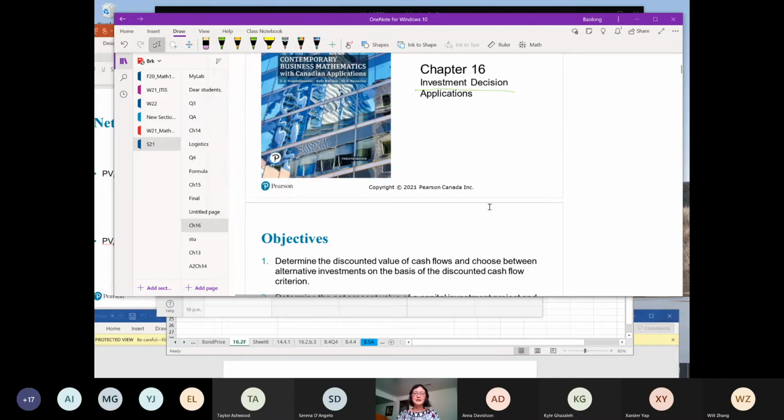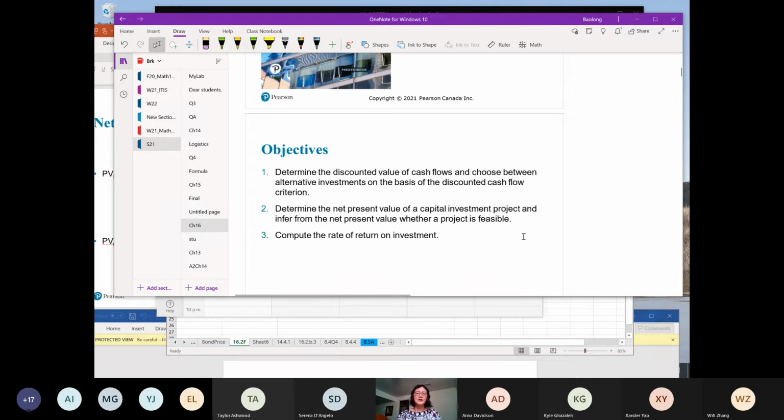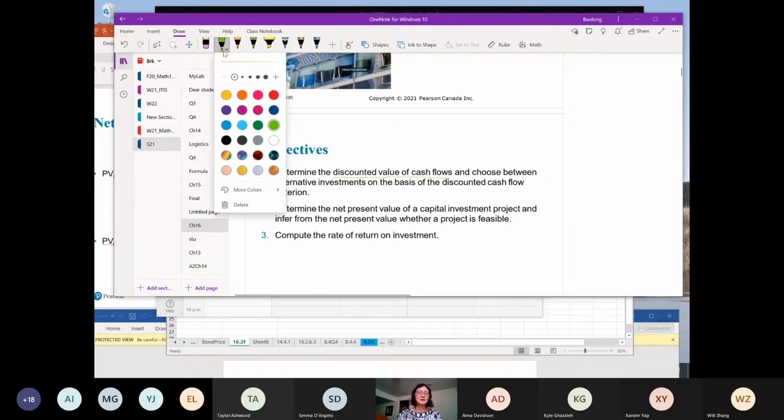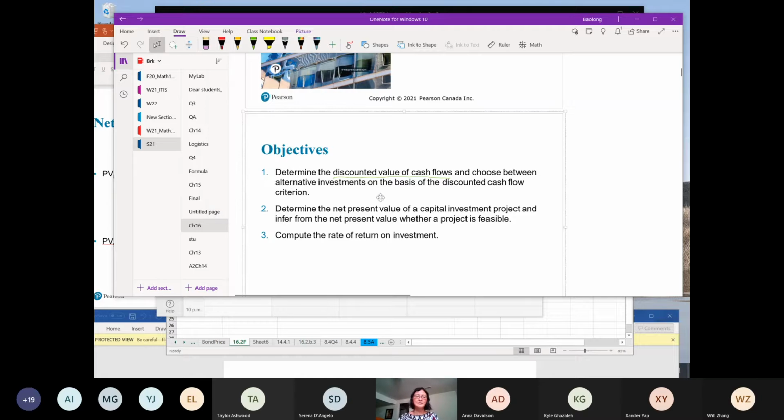By the end of this lecture, you are going to calculate the discounted value of cash flows. And then that is objective 1.